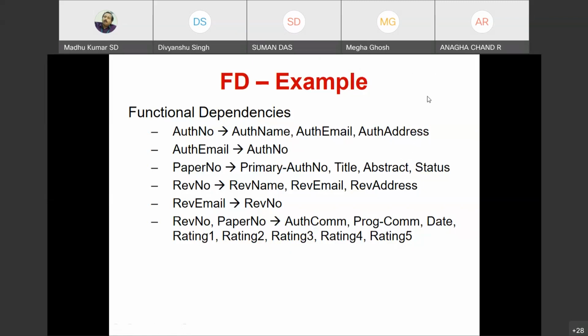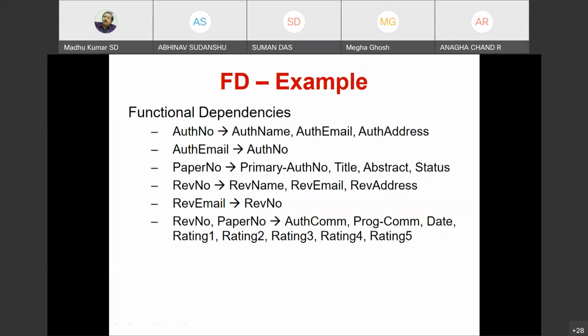Yes, when revision number and paper number are candidate keys, then we can say that this functional dependency is a full functional dependency. Suppose this other attribute, the program committee, is dependent on paper number alone.